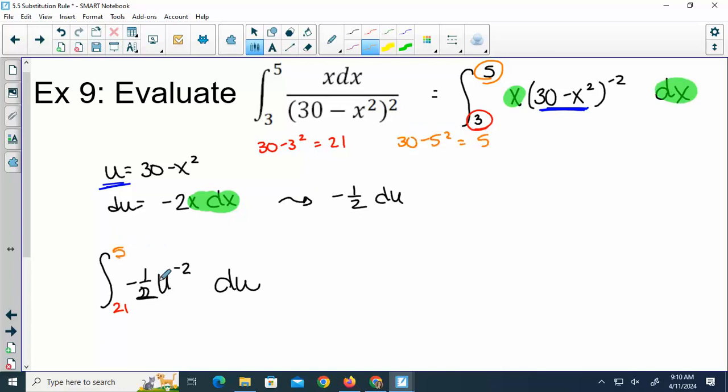So when x is 5, my u is 5. We can change those numbers now. Then those are u values, so do I ever have to put my x back in? No. Now it's just a normal integration problem, which is a little bit faster. You plug in those numbers at the beginning and then everything is in terms of one variable.